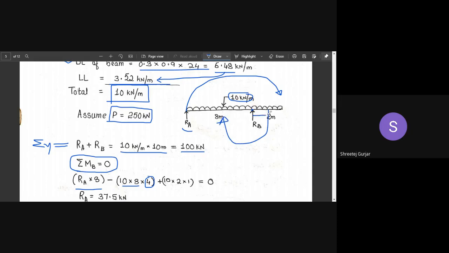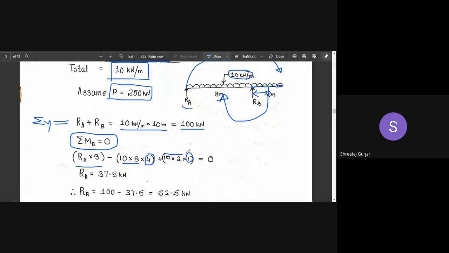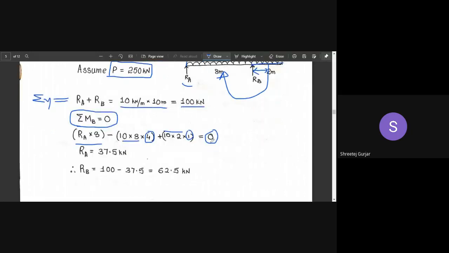The distance is 1 meter, 2 divided by 2. And the intensity is 10 into 2 meters. So this is the intensity into perpendicular distance 1, equating it to 0.